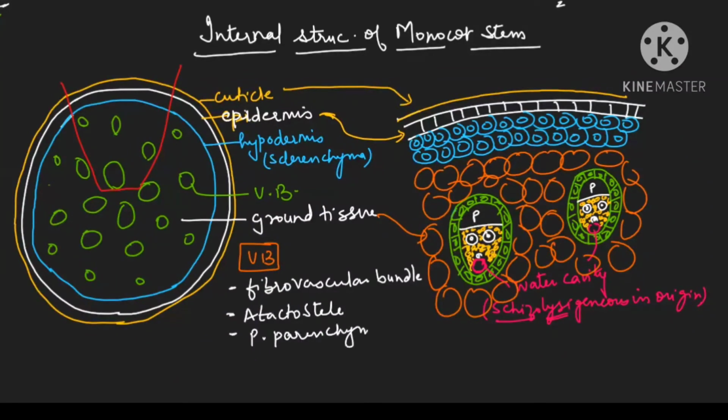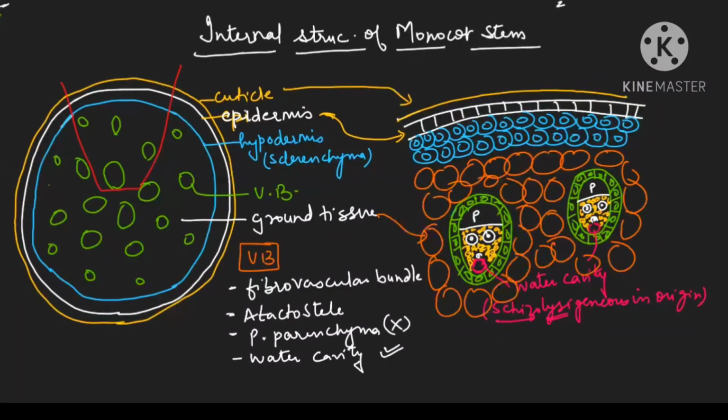Phloem parenchyma is absent. Please, it's important. Learn it carefully. And a water cavity is present. So this is the internal structure of the monocot stem.